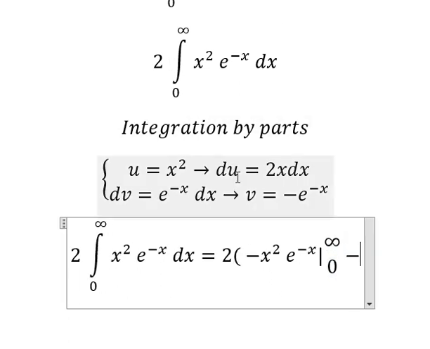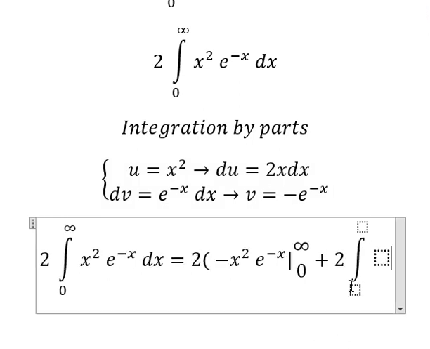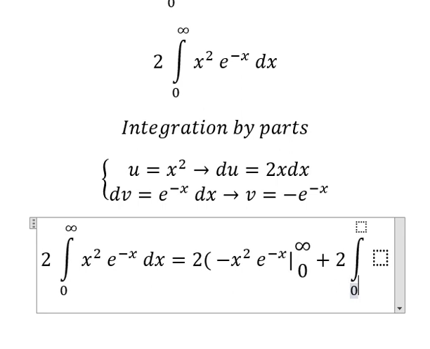Minus, we have u multiplied by v, so negative and negative, we have positive, and now we have number 2, and then we have the integration from 0 to positive infinity.